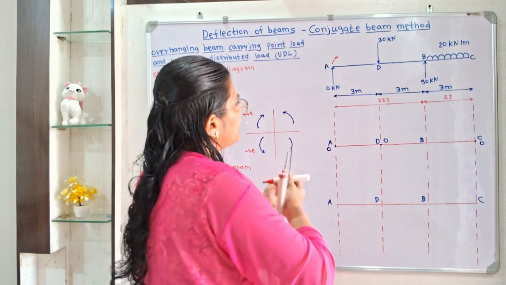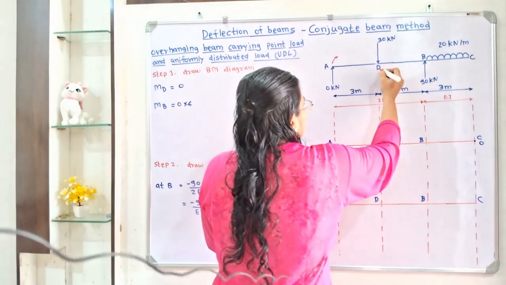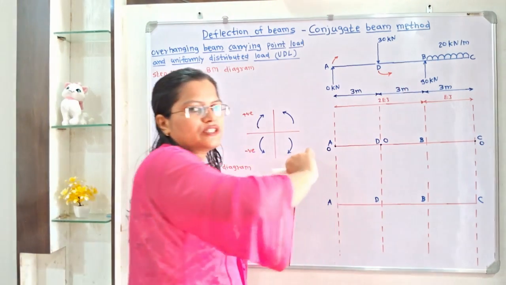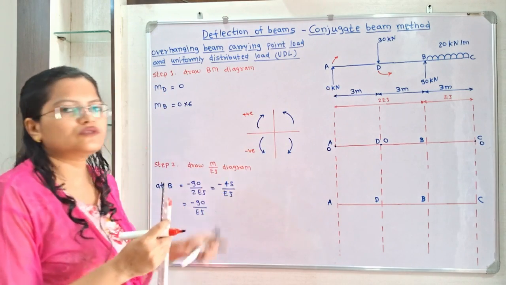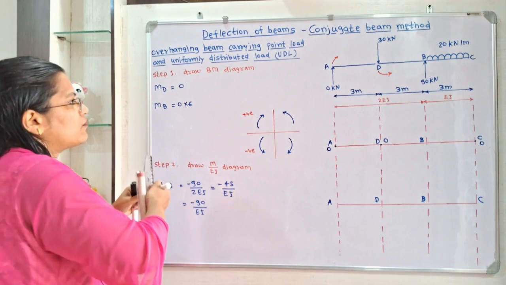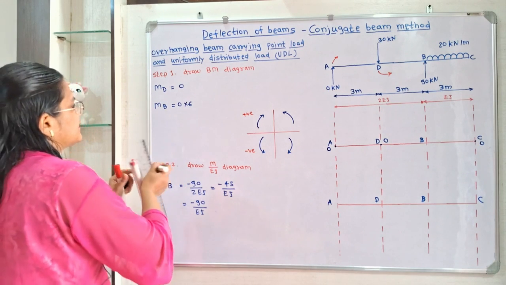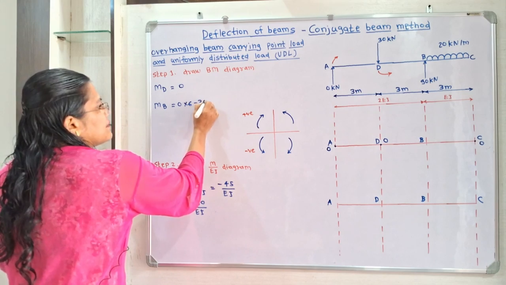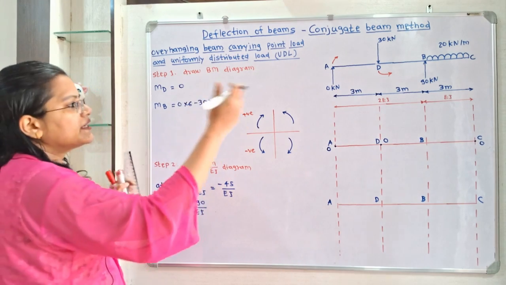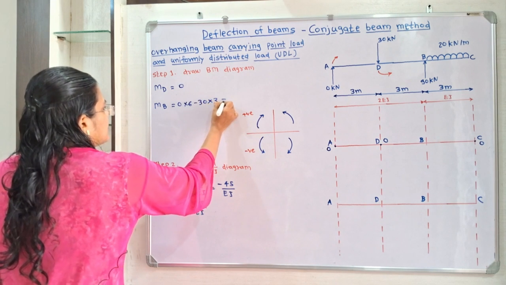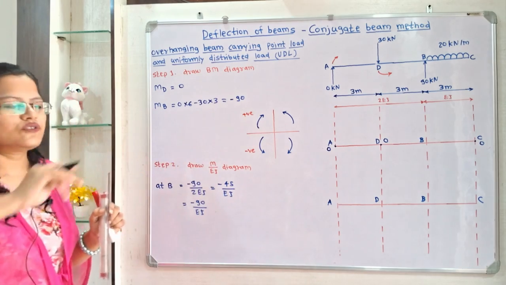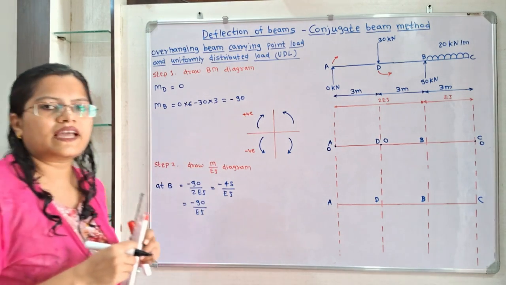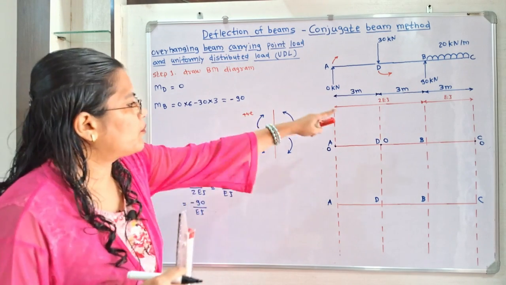Now about point B, if I move the compass, then here is anti-clockwise direction. So for anti-clockwise direction on the left hand side use negative sign. So we have to take minus 30 multiplied by distance between D to B is 3. So when we calculate this we will get minus 90. So we have to mark the minus 90 point at point B.